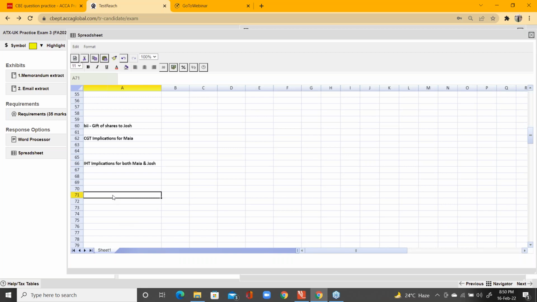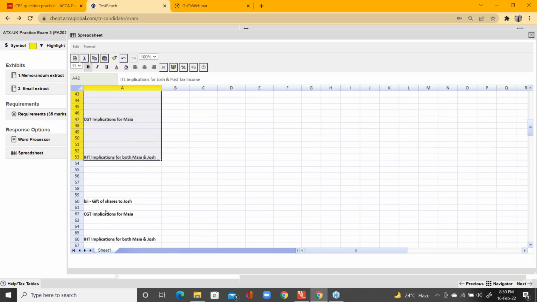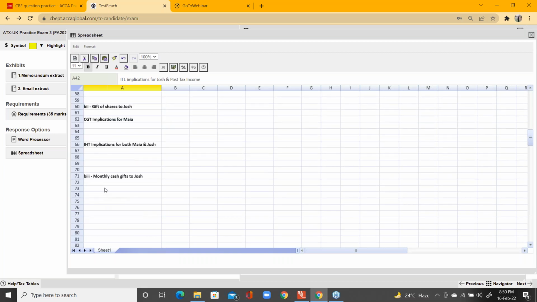Then under part B3, where monthly cash gifts to Josh, under this, again, the same headings are relevant as in B1: income tax implication for J and post-tax income, CGT implications for Maya, and income inheritance tax implication for both persons.